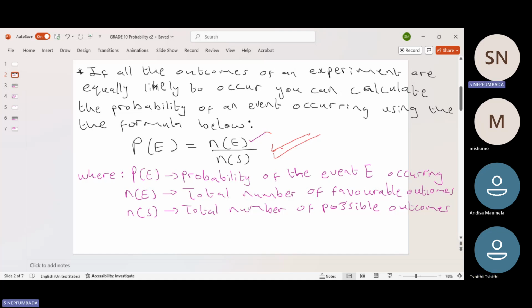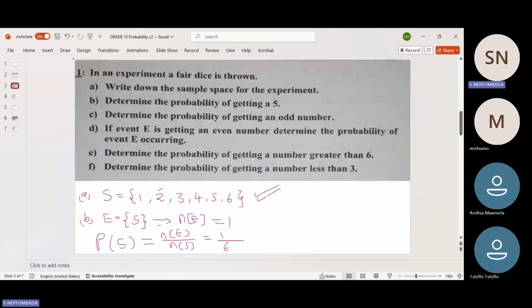We then took the example, which says: in an experiment, a fair dice is thrown. Remember, when we talk about a dice, we are talking about a sample space of 1, 2, 3, 4, 5, 6. Without continuing on the question, we already know that a dice has 6 numbers.